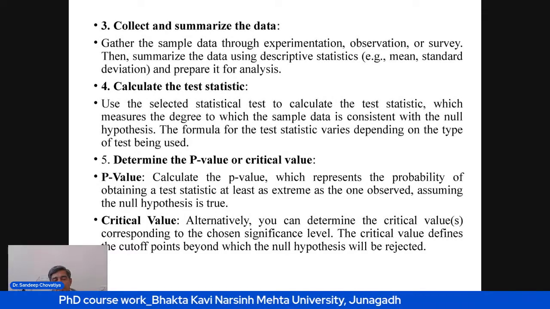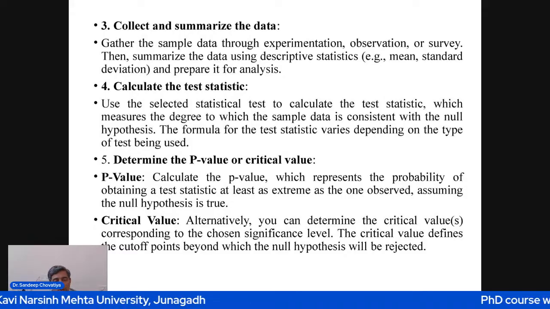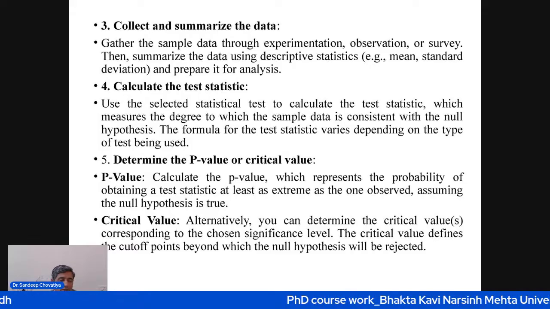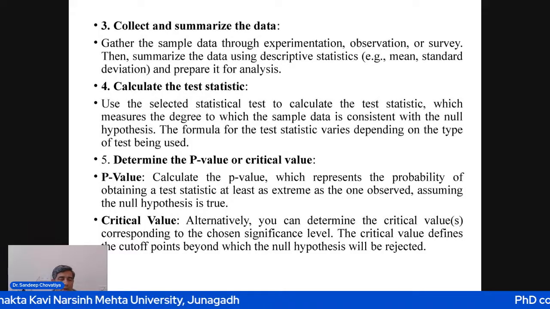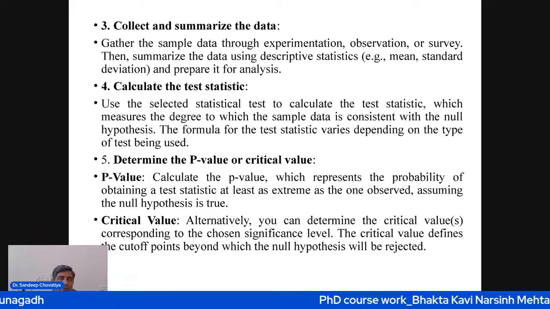The critical value is tabulated. If you have any statistical or biostatistical book, at the back the tables are given, such as the t table or the chi-square tables. In those, the critical values are there. So that is the critical value.